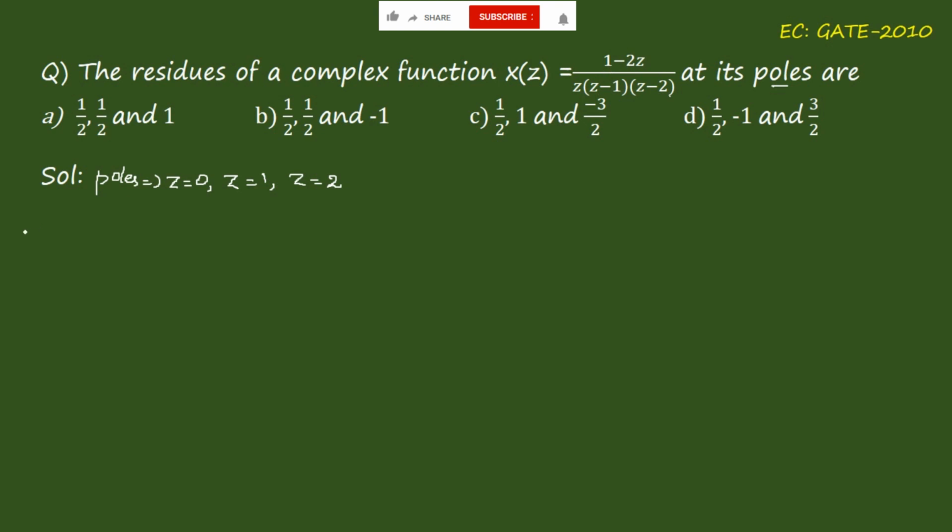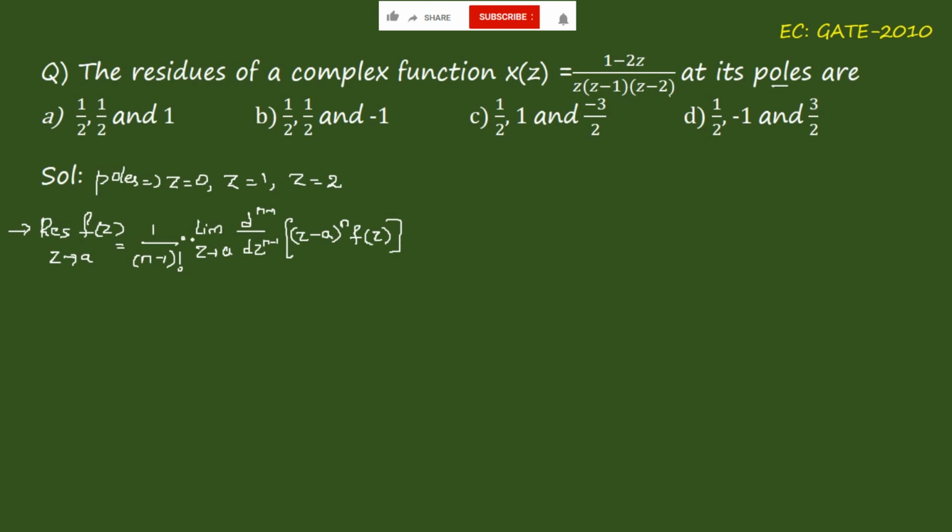For the residue of a function, we know the general formula, that the residue of a function f of z for z tends to a is given as 1 by (n minus 1) factorial into limit z tends to a, d by dz (n minus 1) times, into (z minus a) whole power n f of z, right?